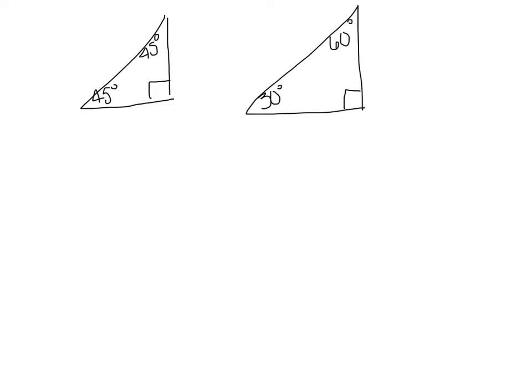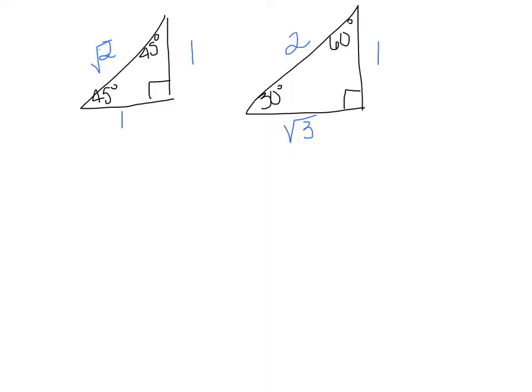And the 45, 45, 90 triangle is labeled like this: 1, 1, and the square root of 2. And then the 30, 60, 90 triangle, across from the 30 is always 1. Across from 60 is the square root of 3. And the hypotenuse is 2.